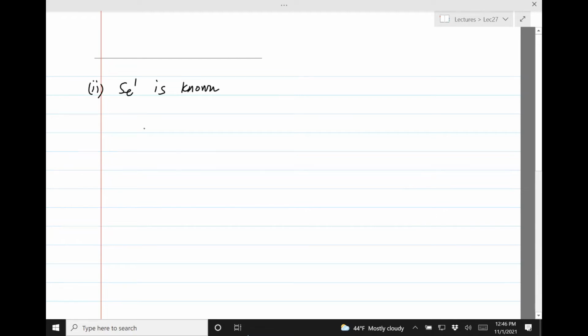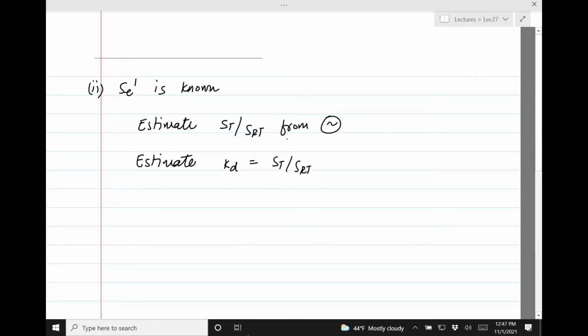In this case, the steps are: estimate ST divided by SRT from the formula I wrote down earlier, the one with tilde. Then estimate KD as ST divided by SRT, which clearly comes from the first step. And then finally, estimate SE as KD times SE prime.